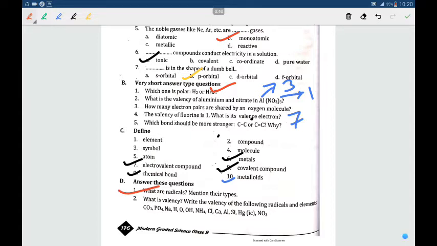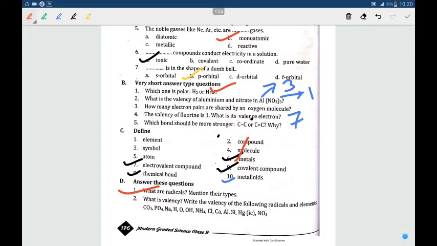The definition: an atom or group of atoms of different elements having a positive or negative charge and acting as a single unit throughout are called radicals.